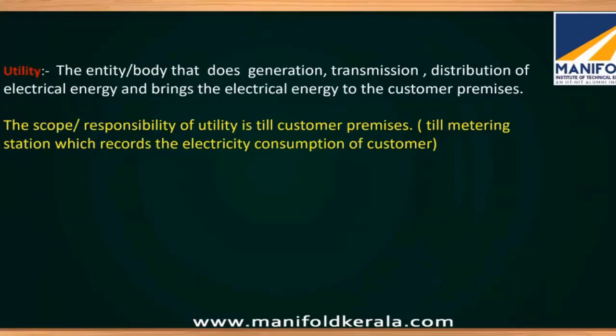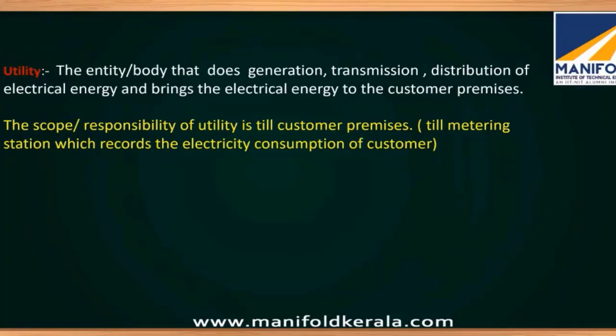The entire body, the statutory body or a private body that does generation, transmission, distribution of electrical energy and brings electrical energy down to the customer premises. The customer may be an industrial customer, a domestic customer, an irrigation customer, different types of customer.